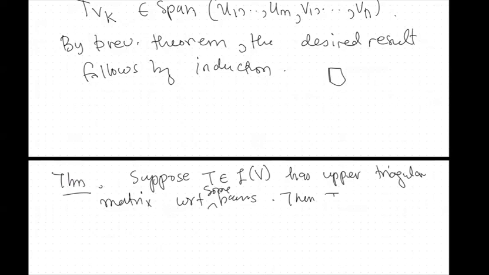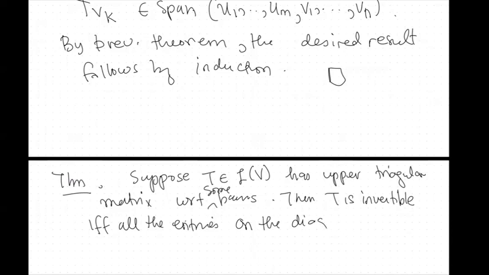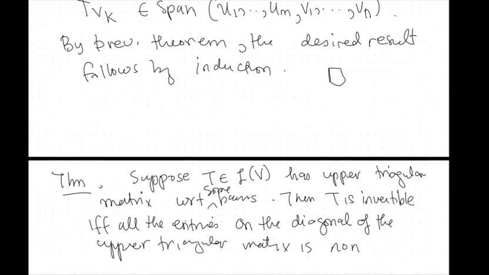Then T is invertible if and only if all the entries on the diagonal of the upper triangular matrix are non-zero.